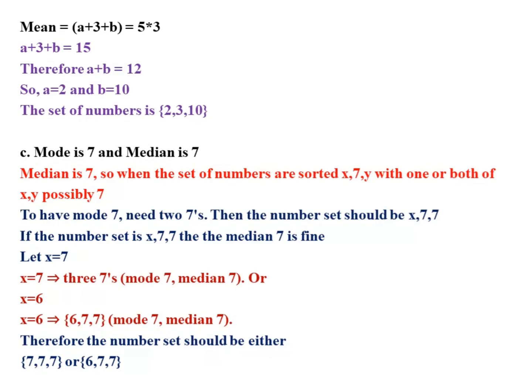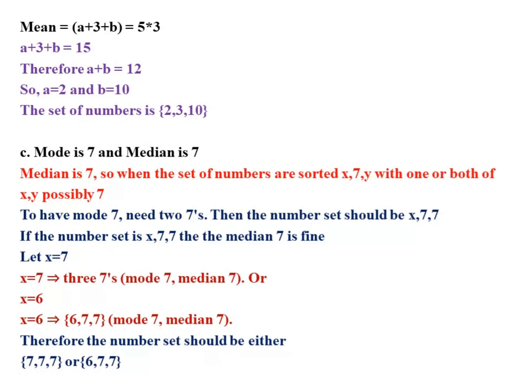By isolating a plus b on the left side, the equation becomes a plus b equals 12. We know the number set is written in order, a is less than 3 and b is greater than 3. Therefore, the answer for a and b is 2 and 10. So the number set is 2, 3, 10.